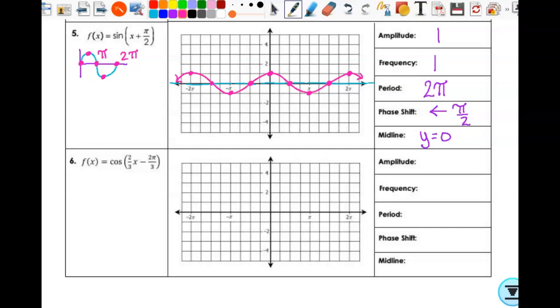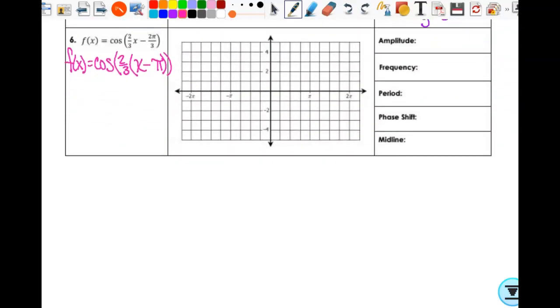All right, number 6, do I need a factor? Yes. All right, so it's going to give me f of x is equal to the cosine of 2/3 times x minus what? Close. Pi. Good. It's 1 pi, so it's pi. Okay.